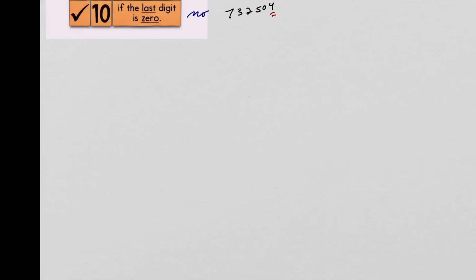Okay, let's do another example with divisibility rules. We want to figure out if this number, 171,252, is divisible by 2, 3, 4, 5, 6, 8, 9, 10. Okay?